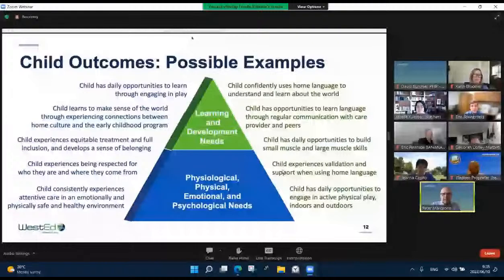And finally, the child has confidence in using that home language to understand and learn about the world. And I think that's a very important outcome in the short term, that the child has that kind of confidence.